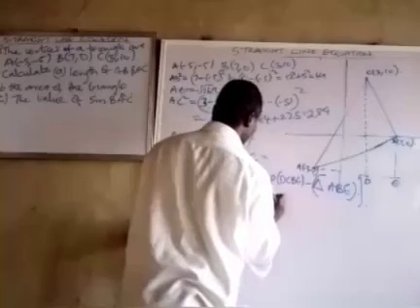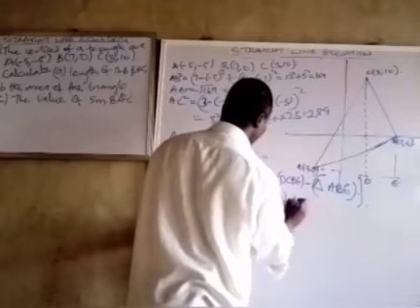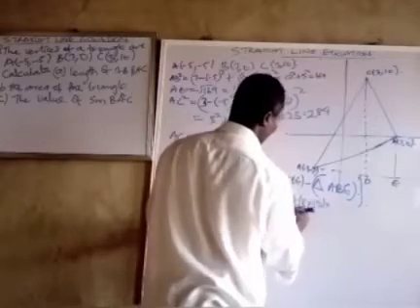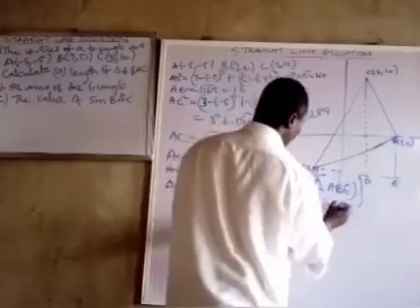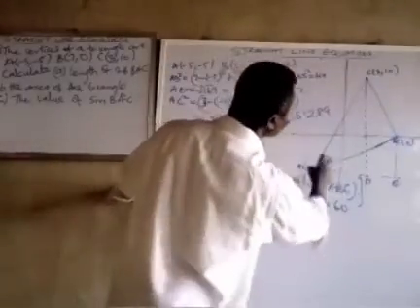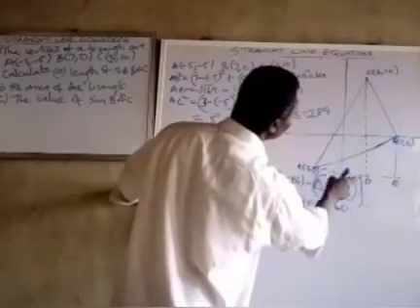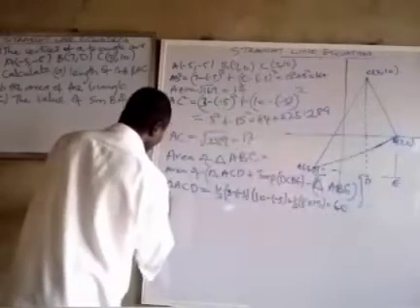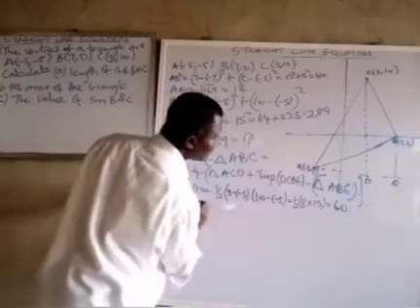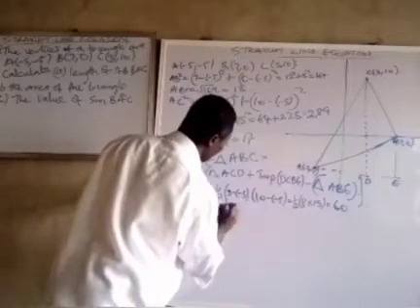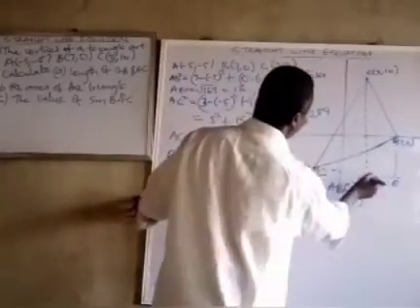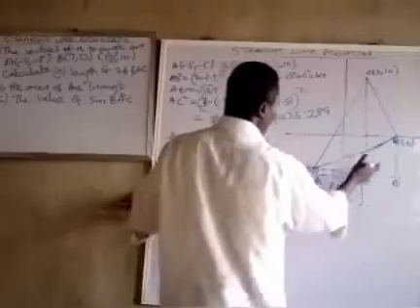So which is half into 8 times 5. That's 4 times 5, that's 20. Now let's see. Area of trapezium DCBE. Trapezium DCBE is half the sum of the heights. And what is this? This one is 10 minus 5.